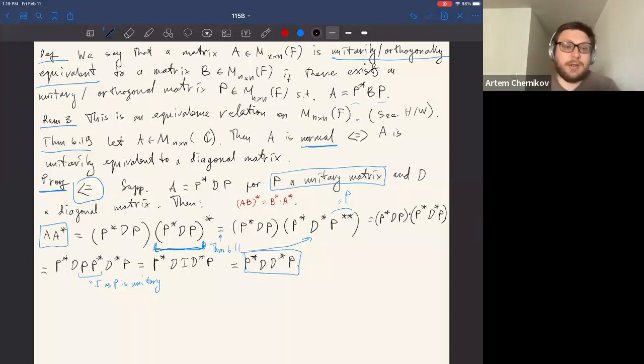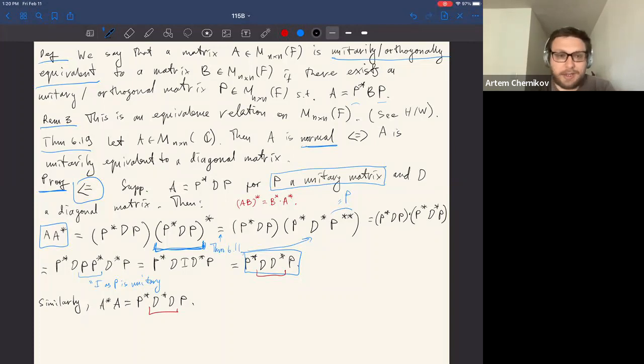Now we need to look at the product in the opposite direction. Similarly, A star times A: you do the same thing, you substitute, and then you cancel some terms out. What we get is P star D star D P. So this product has D times D star, and this one has D star times D. In principle, the order is the opposite.